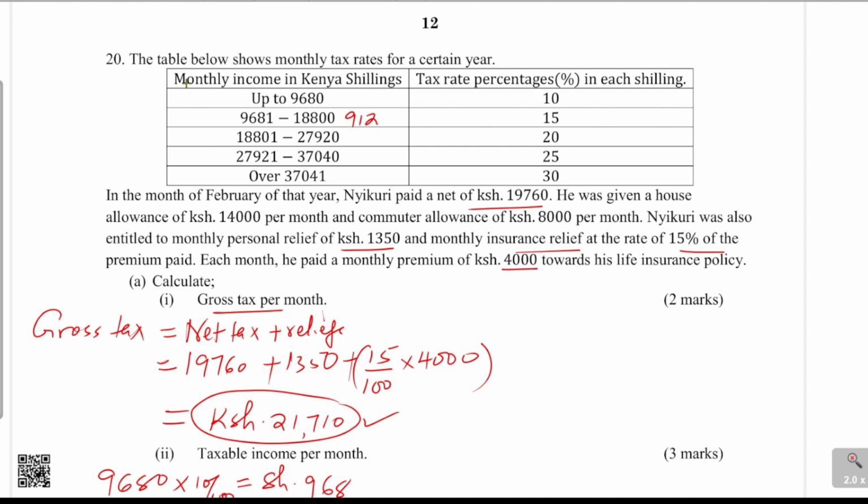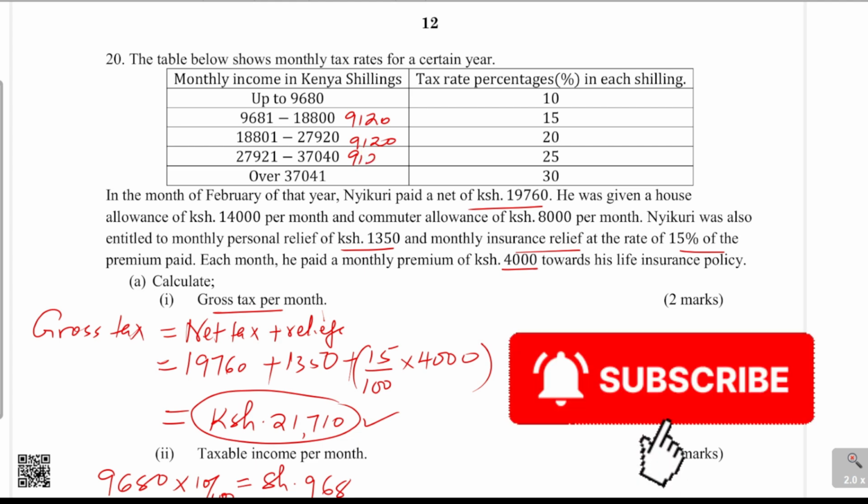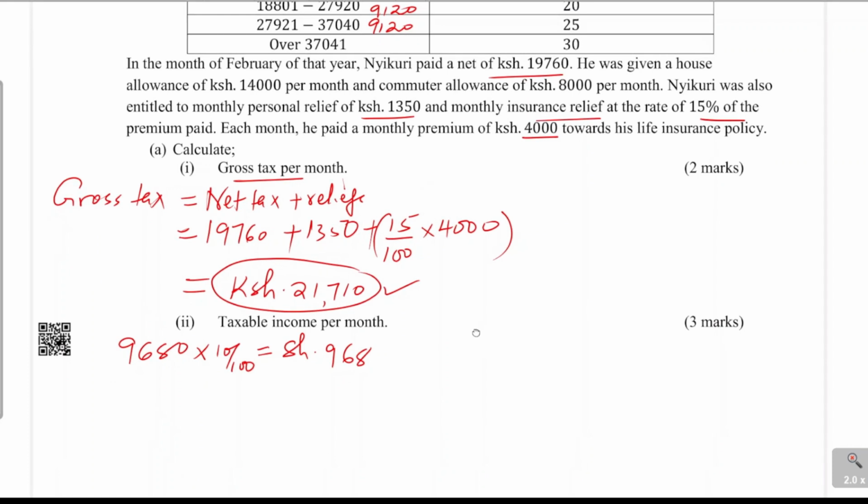That one is still 9120. The other one is 37,040, subtract 27,920. This will give 9120. So they are uniform.